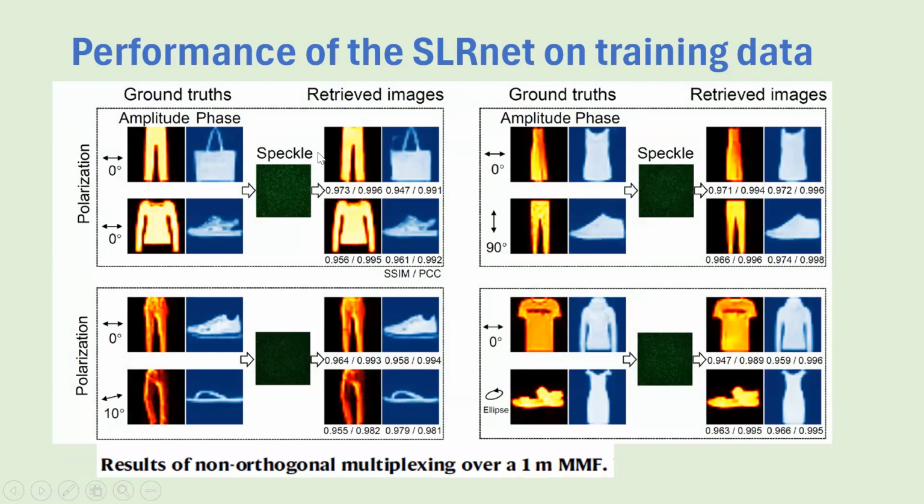So you see now here, this is the ground truth, how the images appear in our normal environment. Now, after superimposing the images onto the SLNet, or the deep learning neural network, we shall see that the performance is quite good.